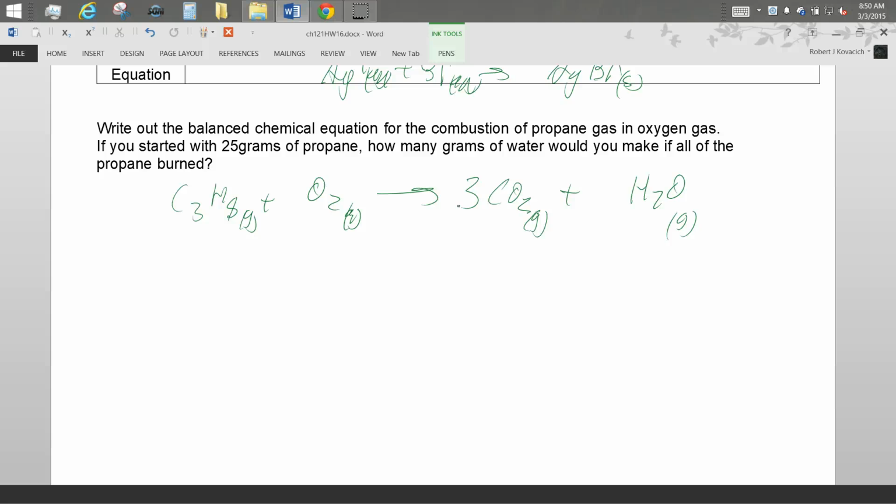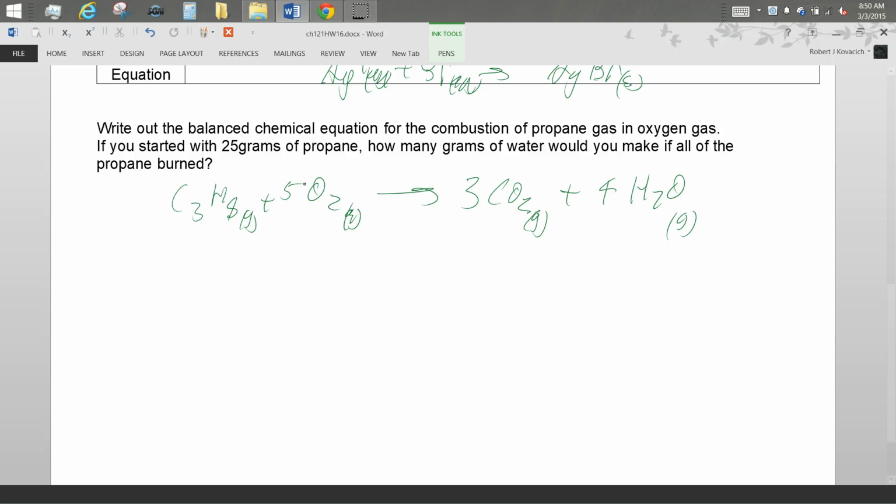So I'm going to do the hydrogens next because how many species are the hydrogen found in? Just 2, 1 on each side. So if I throw a 4 up here, I balance my carbons and my hydrogens now, and now I can balance my oxygens. Because on the right-hand side, I can see that there are 10 total oxygens, and on the left, there's only one thing that needs to be changed, the O2. And so if I throw a 5 in front of that, then it's all balanced.